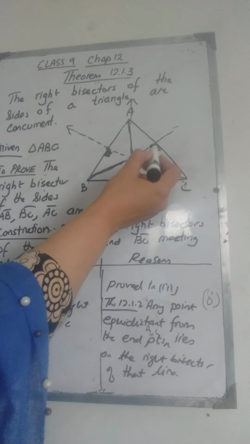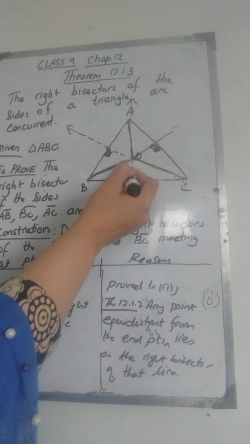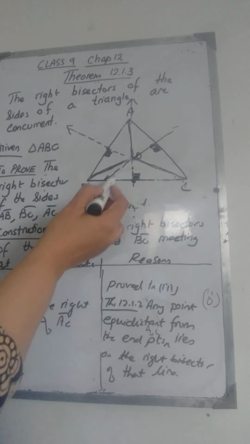What does it show? That the right bisector will also pass through this point O.